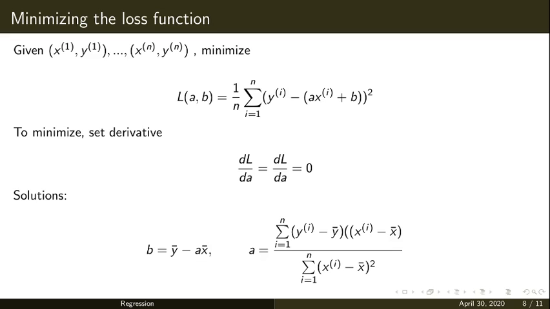You get the solutions like this: b is equal to y bar minus a x bar, and a is equal to sigma i equal to 1 to n, yi minus y bar into xi minus x bar, divided by sigma i equal to 1 to n, xi minus x bar the whole square. You can see that there is a nice closed form solution for b and a.